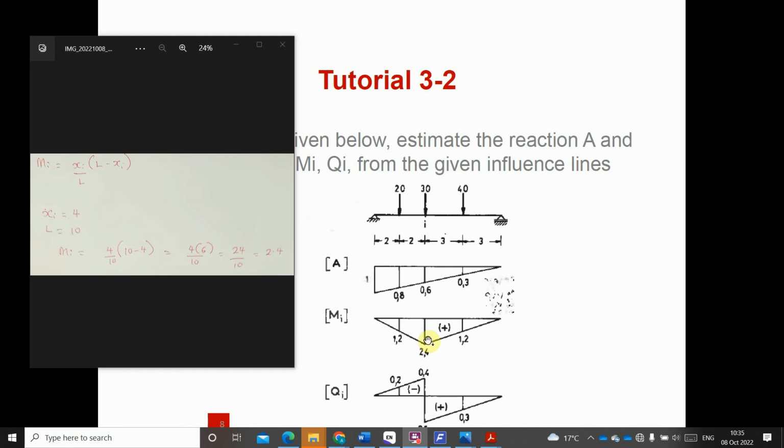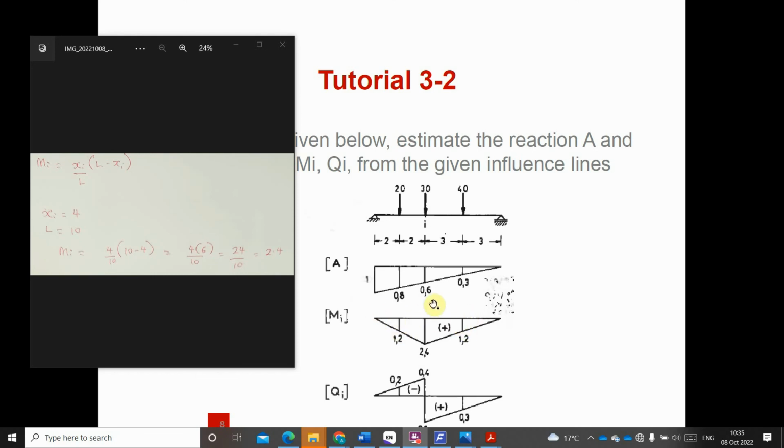Now, please note, if this is 2.4, what we're going to do is distribute this 2.4. It varies as it diminishes to 0 here. We are going to calculate the height for this particular place, and likewise the height for this particular place.